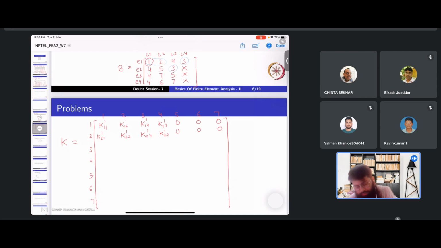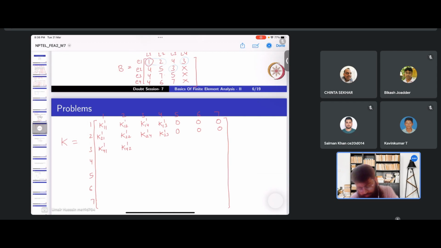First of all, 3 1 is only in element 1. So 3 is local node 4 and 1 is local node 1. And for 3 2, it is also part of only element 1. 3 is local node 4 and 2 is local node 2.